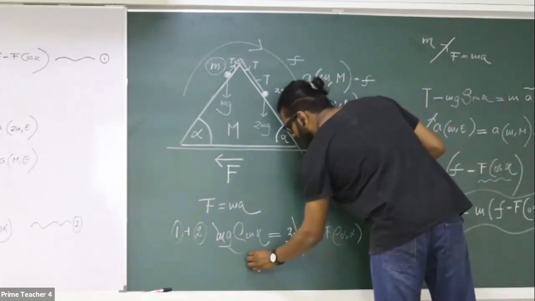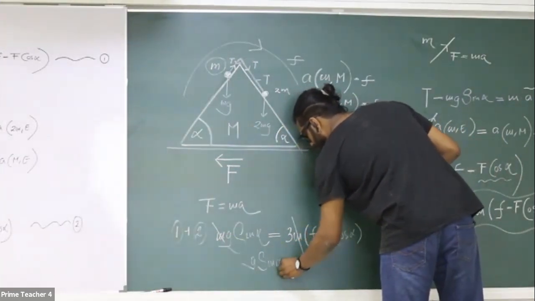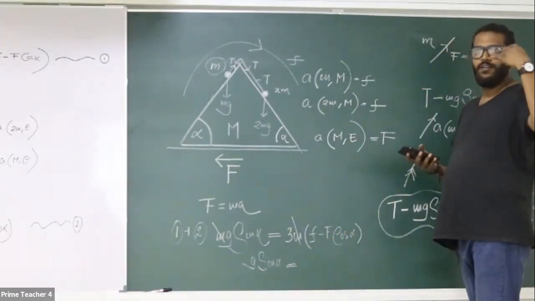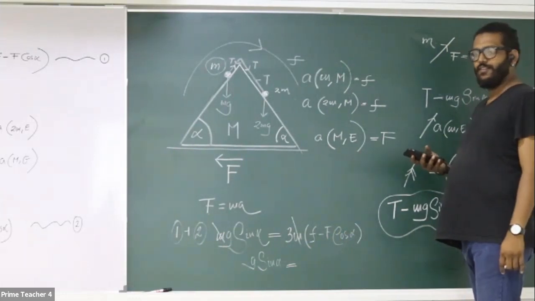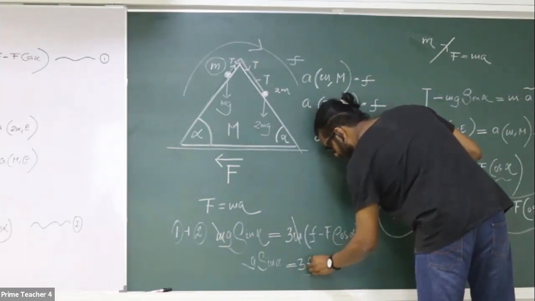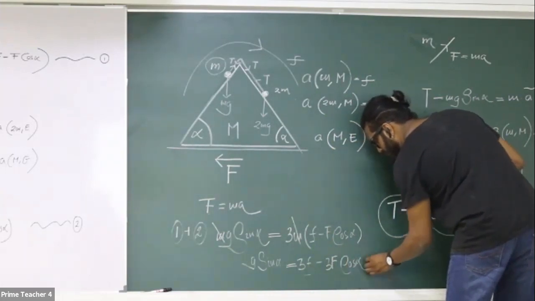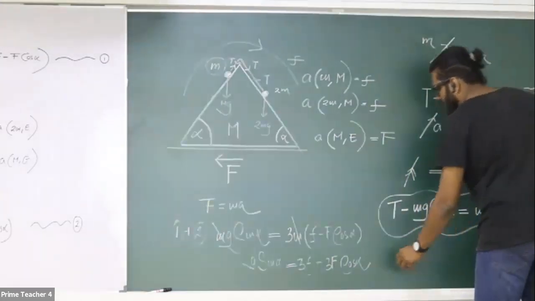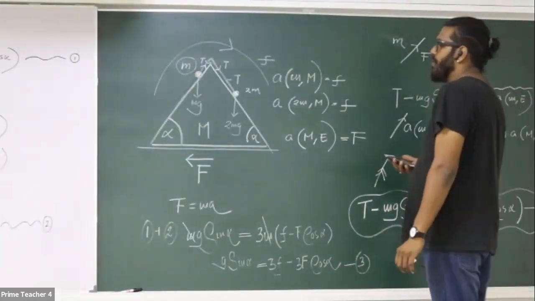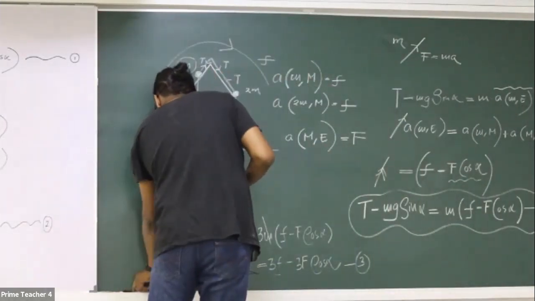So we get g sine alpha equals 3f minus 3f cos alpha. Right. So let's call this equation number 3. And let me write down equation number 3 here so that later we can use it.